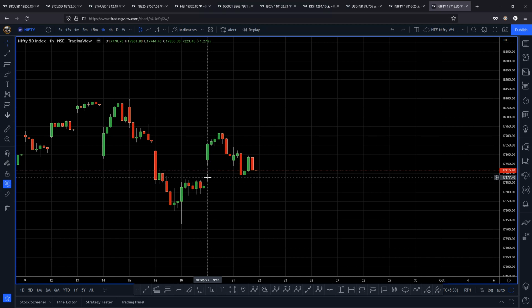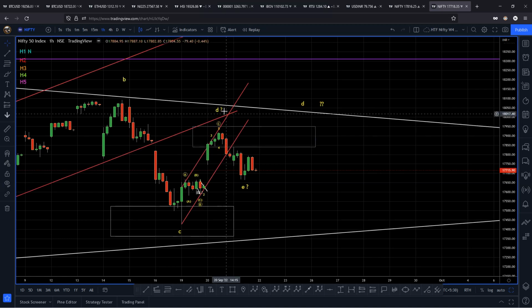What does that mean in accordance with our Elliott wave counts? As I said, this D may either be complete here, this E may be complete, or it may be going down a little bit, or E can also form triangles within itself. But leaving that aside, that's not important at this point.